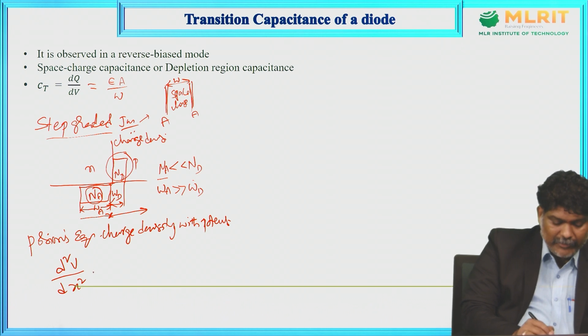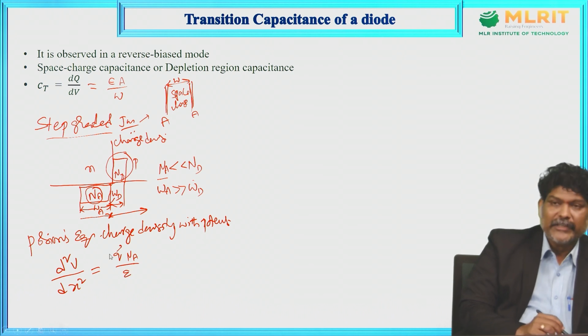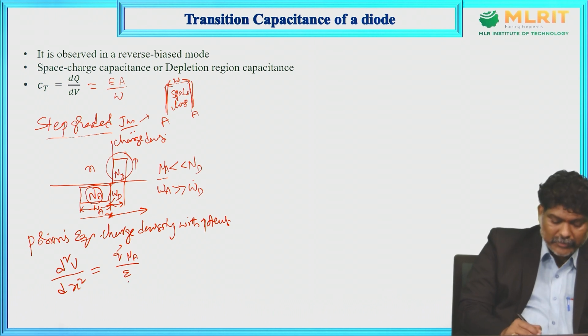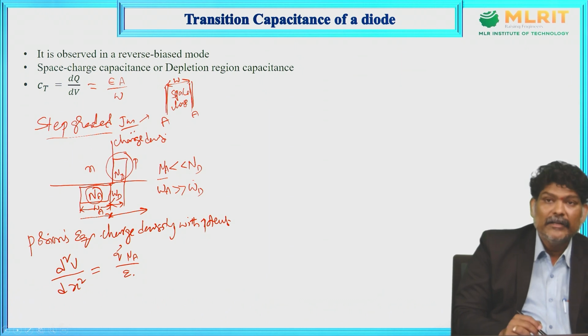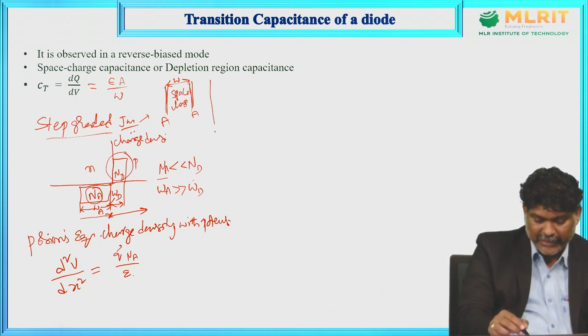So d square V by dx square is equal to q Na by epsilon, where q is the charge on each particle, that is charge density. QNA means charge density upon W. Epsilon is the permittivity of the free space or dielectric material.